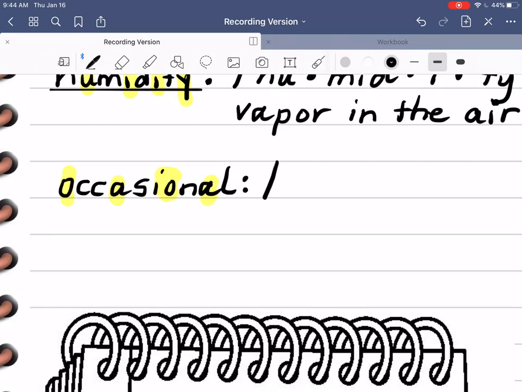And I told you just a minute ago, if we have double letters, we'll break between those, double consonants. So we're going to say oc, k, shun, ul.